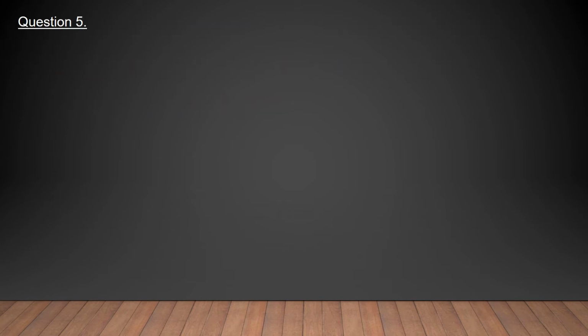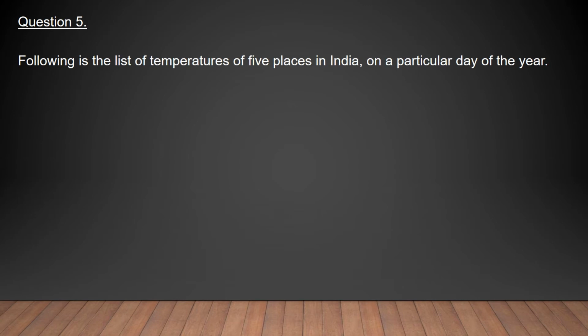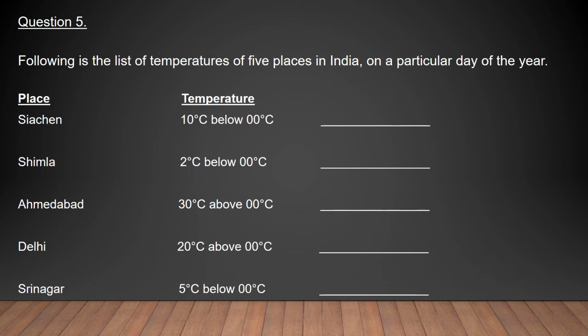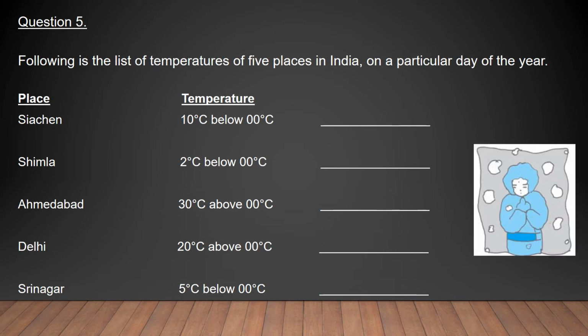Question number 5. Following is the list of temperatures of 5 places in India on a particular day of the year. Here we have given 5 places and its temperature on a particular day. We have to answer the following parts.